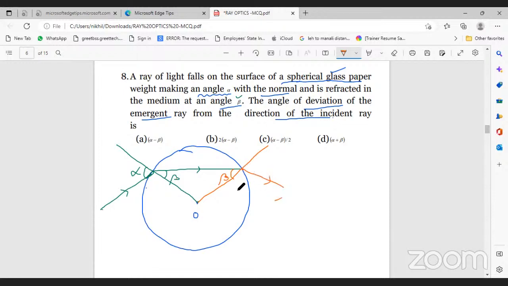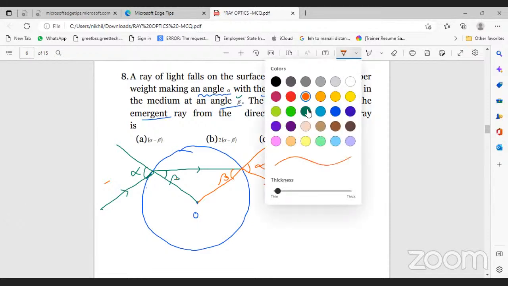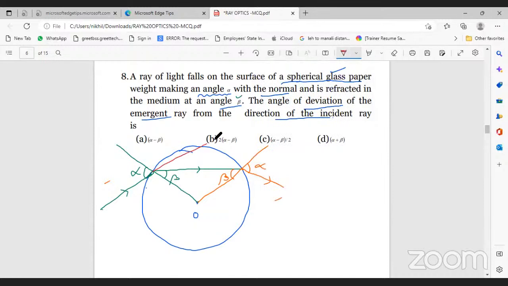Since it is symmetry, this will be alpha. Suppose in the absence of the sphere, how should the ray travel? The ray should travel straight.